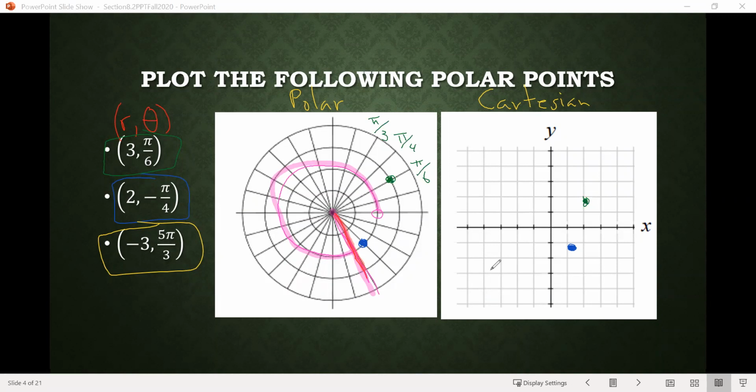Instead of coming out in the positive direction, we would go out in the negative, which I think would make us end up 1, 2, 3 here. And so our point would end up being here in the upper left. All right. And over here in the Cartesian coordinate, excuse me, it would look something like, say, this point here.